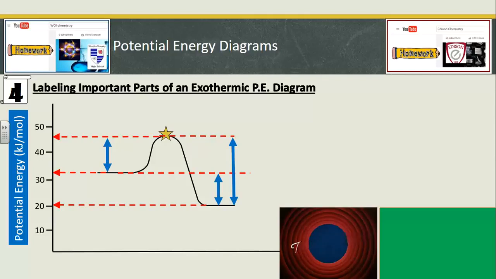And that is all. Okay. Adding a catalyst would make this hill in the middle shorter, which would change the activation energy for both the forward and reverse reactions and make the reaction overall go faster.